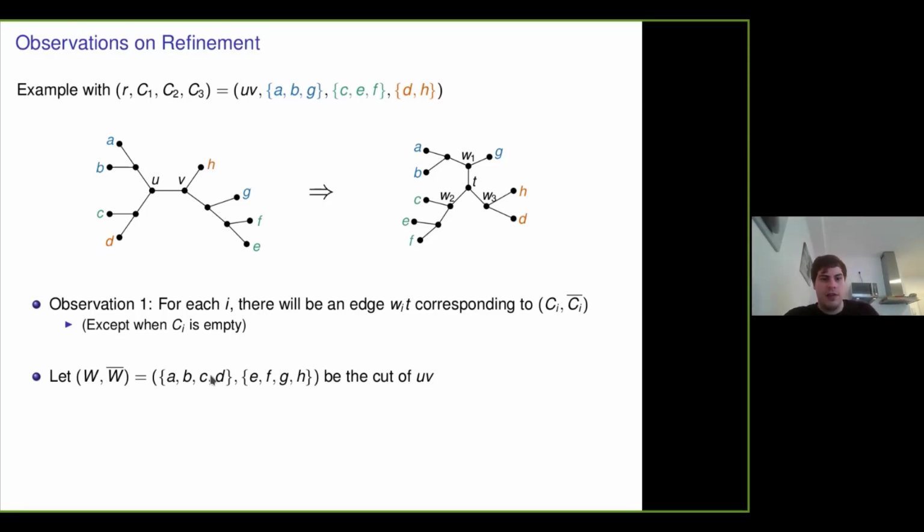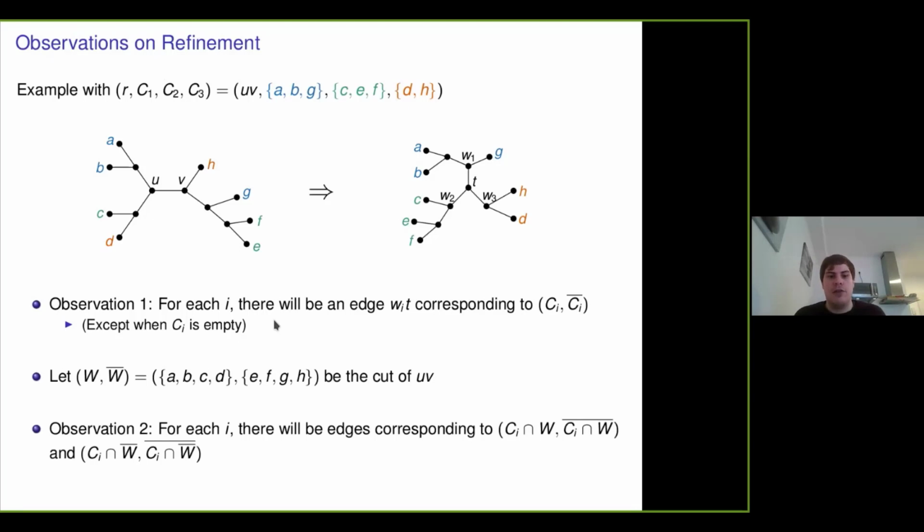So here A, B, C, D are on one side. And now second observation: for each i in 1, 2, 3, there will be edges corresponding to the cut between Ci intersection W and its complement, and Ci intersection W bar and its complement.